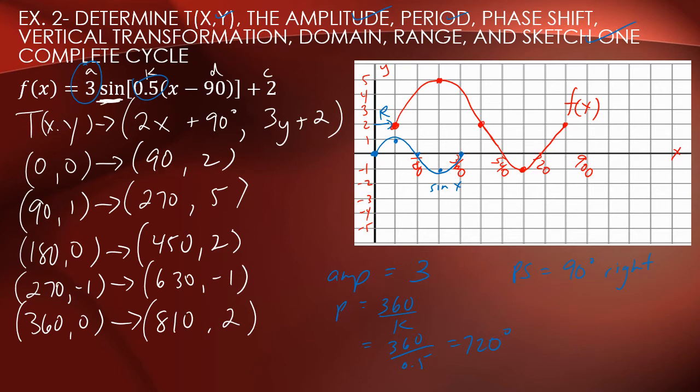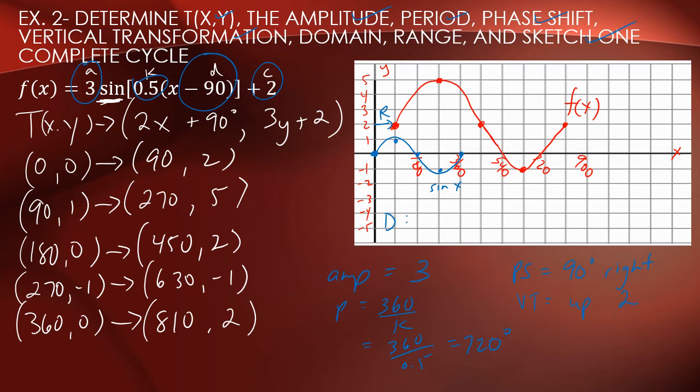You can also get that just by looking up here at your equation at the d value. Our vertical transformation, we've shifted up 2. That's also our c value. So we'll write VT for vertical transformation, up 2.